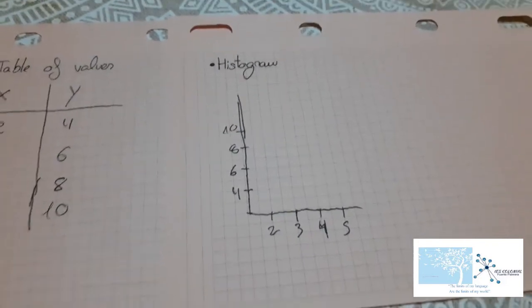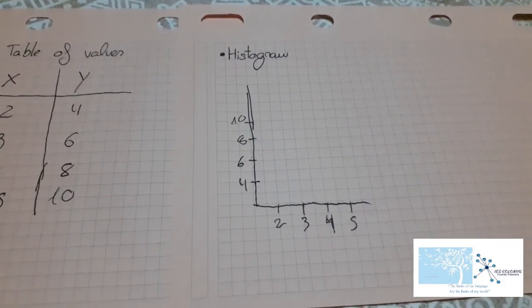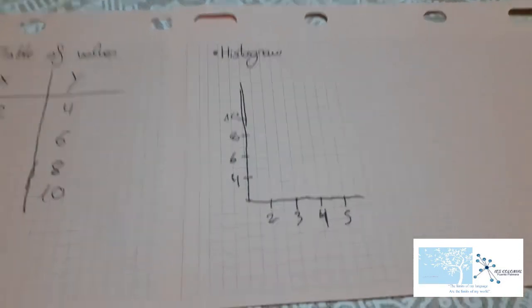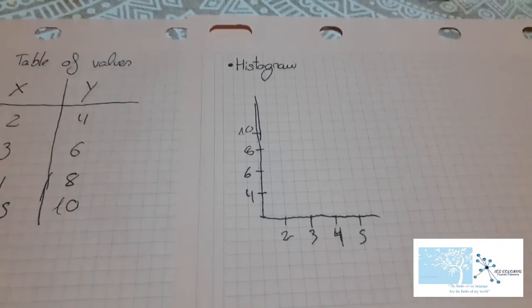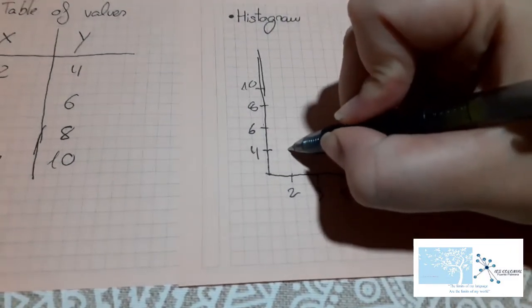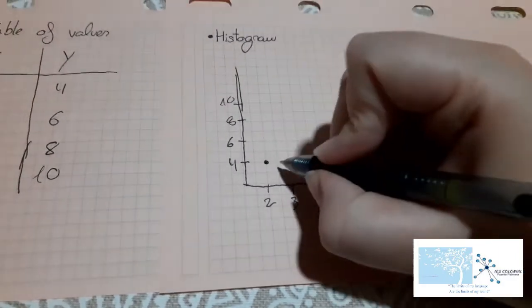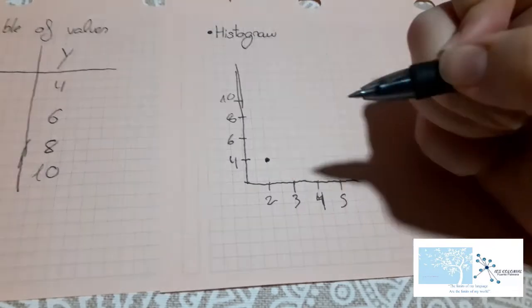The histogram is like the bar graph, but we don't use bars. We use dots. You connect the points, the marks with a dot.